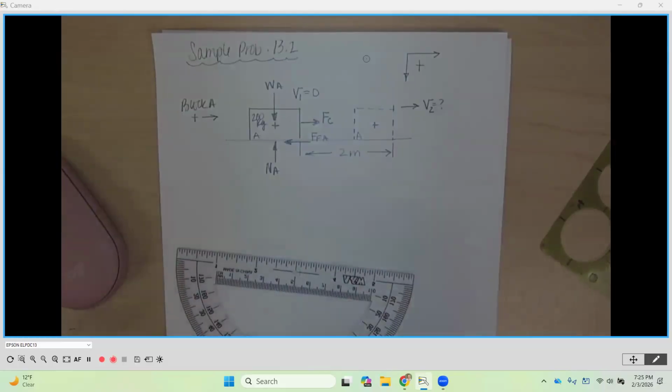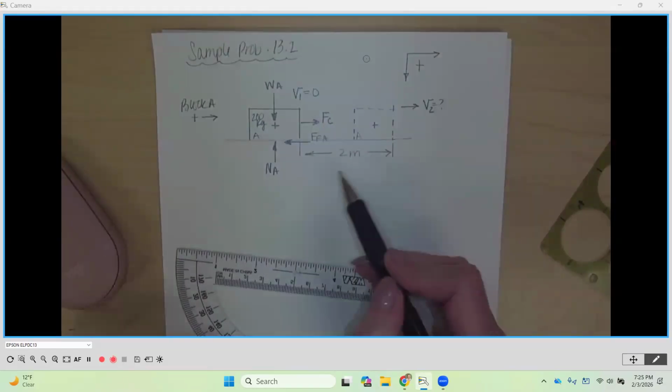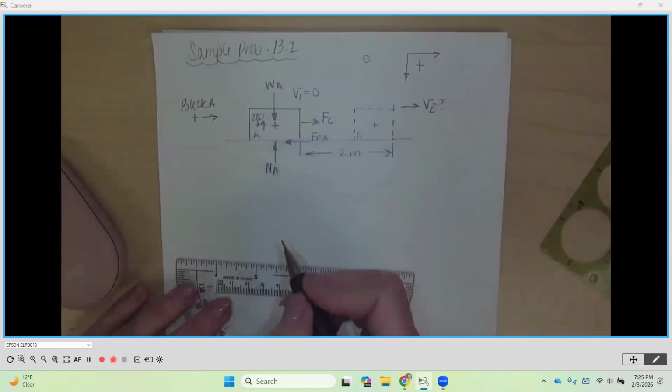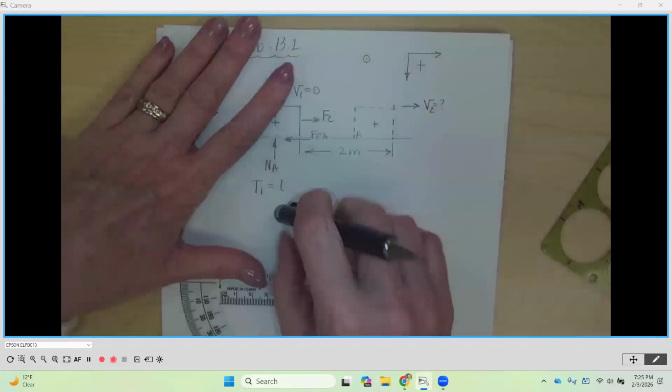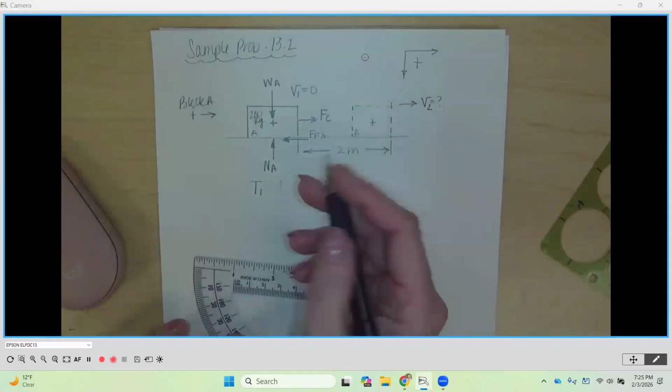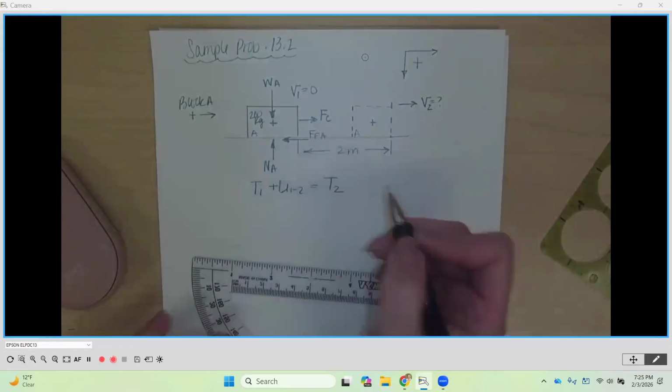Now, as we had already discussed, because we are interested in finding a velocity and we are given distance, we are going to use the work energy theorem. So we're going to have T1 plus U1 to 2 is equal to T2.